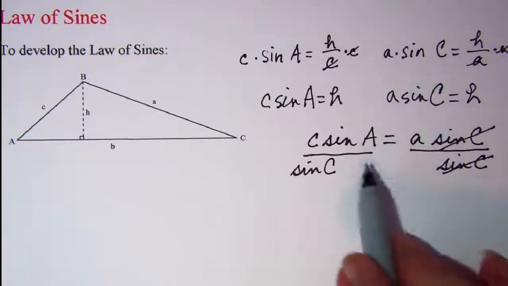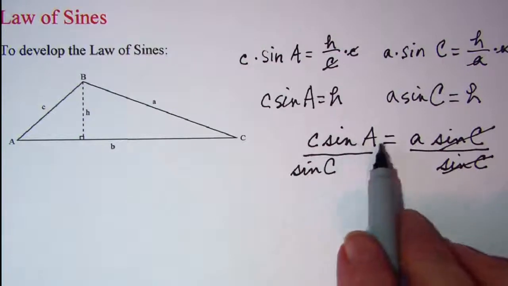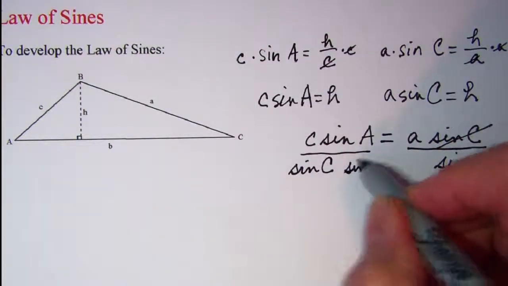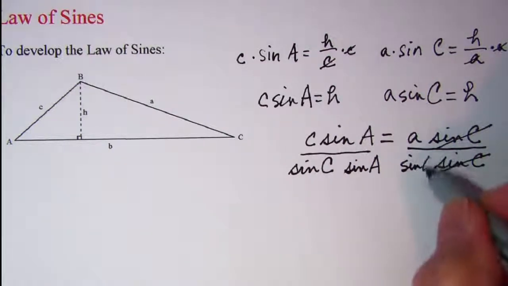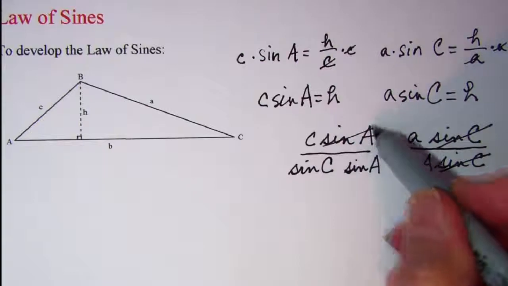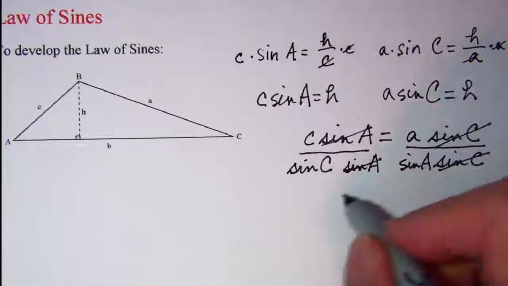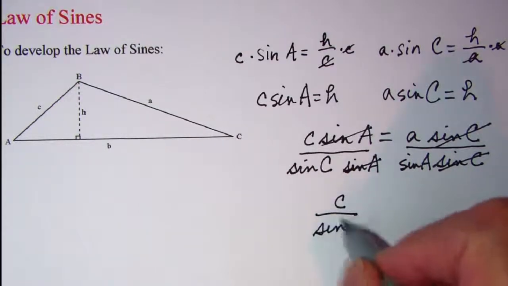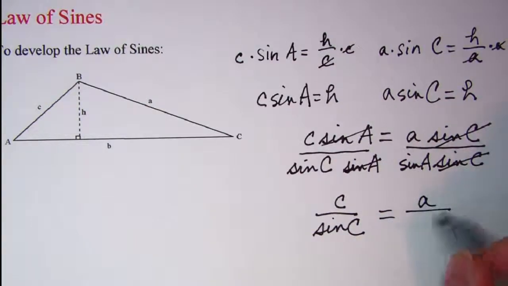And then I also want to divide both sides of my equation by the sine of angle A, and these will cancel. So what I end up with is C is to the sine of C as A is to the sine of A.